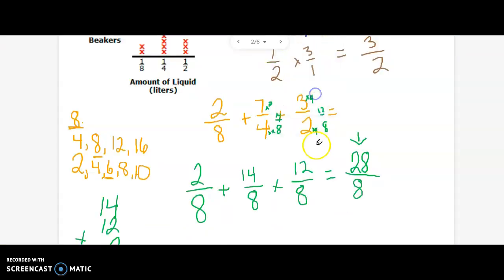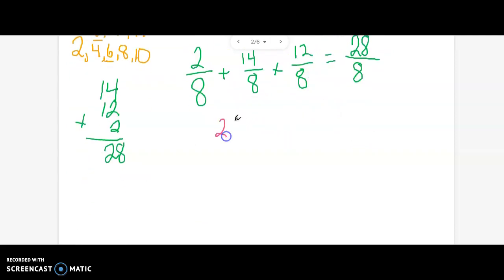So now I'm going to take my 28 over 8, and I want to divide that by 2. I can't divide it by a whole number. I need to turn my 2 into a fraction, so we're going to do 2 over 1. All right. Now we have to follow what we know about dividing with fractions. Do you guys remember this? KFC.